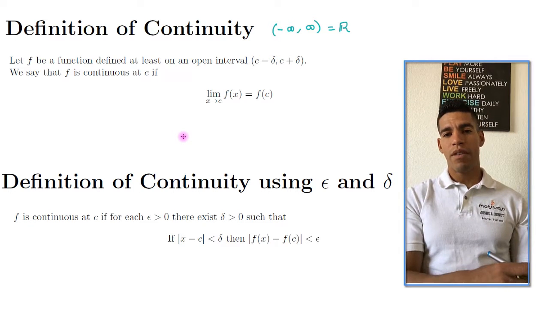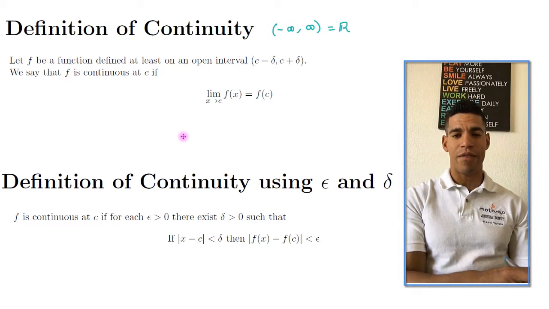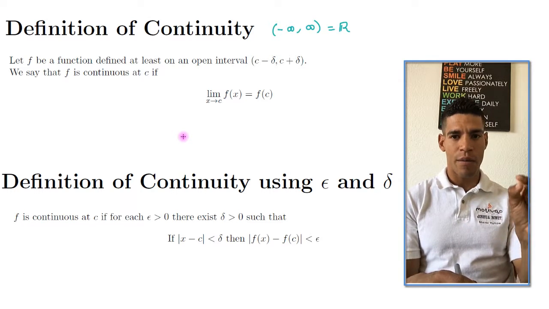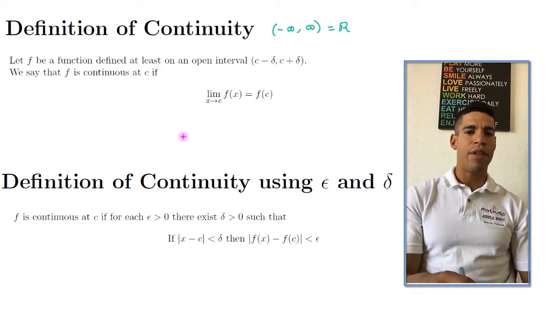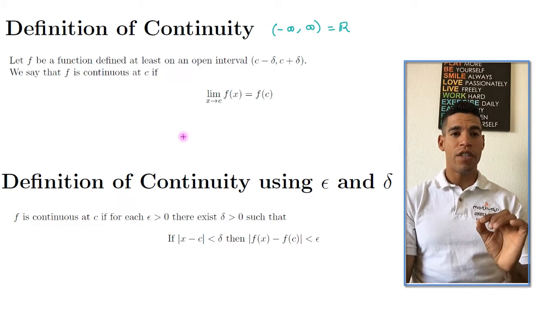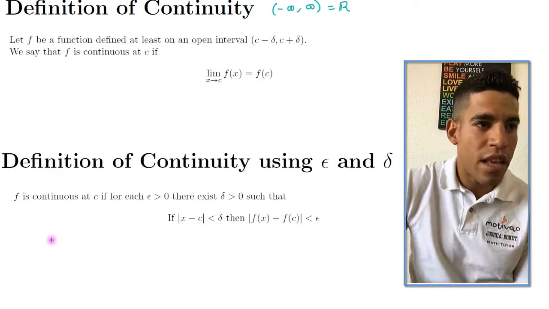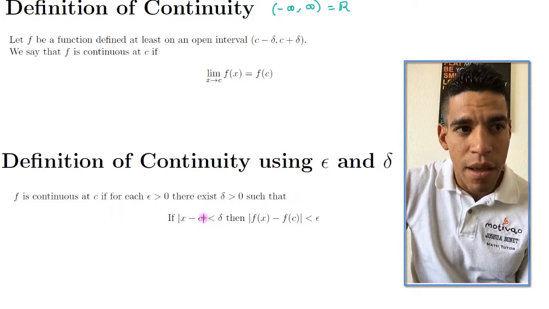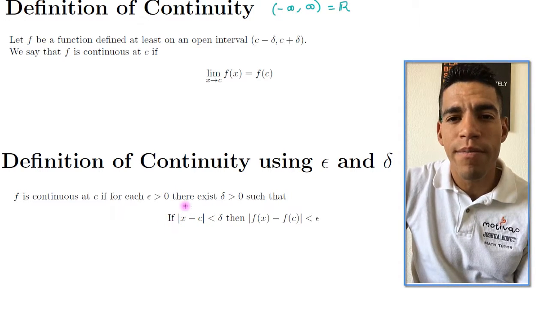If you went to the first video on epsilon and delta, you'll see that there are only 2 differences with the definition of limit. First, there's no restriction here for the absolute value of x minus c being greater than 0.